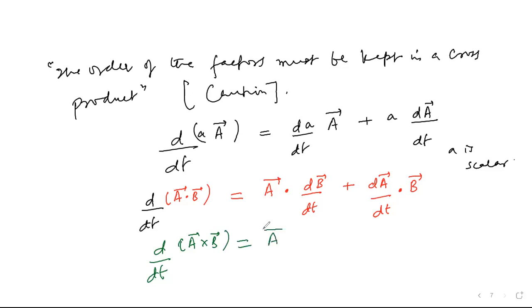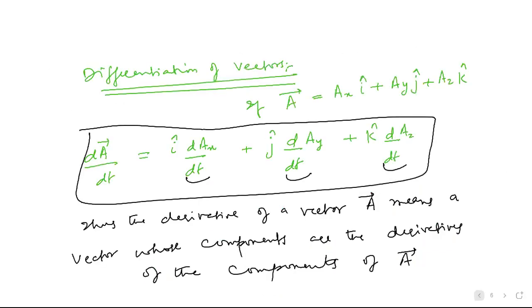Write A cross d by dt of B plus dA by dt cross B. First you keep A as it is and cross this with derivative of B with t, then add it with the another thing dA by dt, cross it with vector B. These are some elementary ideas related to differentiation of vectors, which is required in our course.